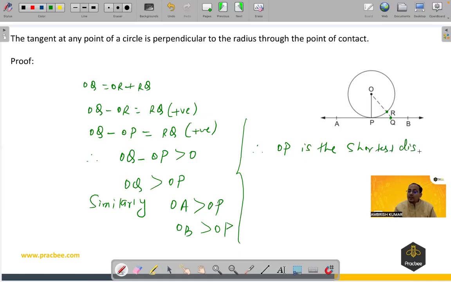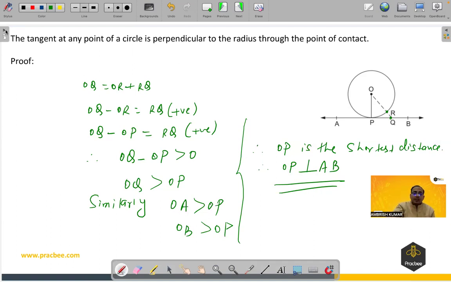And if it is the shortest distance, then it is going to be the perpendicular distance, because the shortest distance is always the perpendicular distance, right? So from here we can conclude that the radius through the point of contact is going to be perpendicular to the tangent, right?